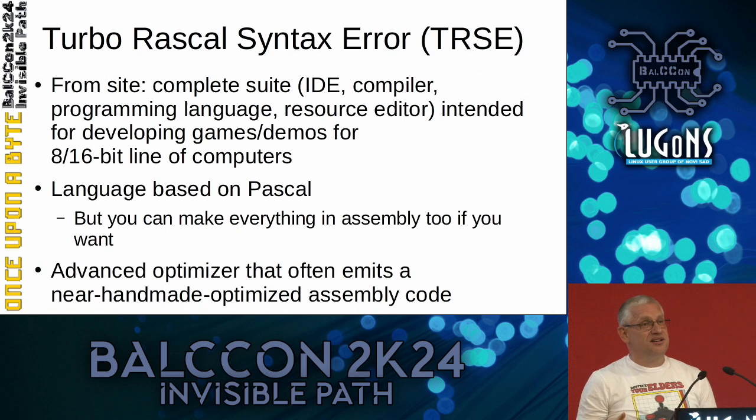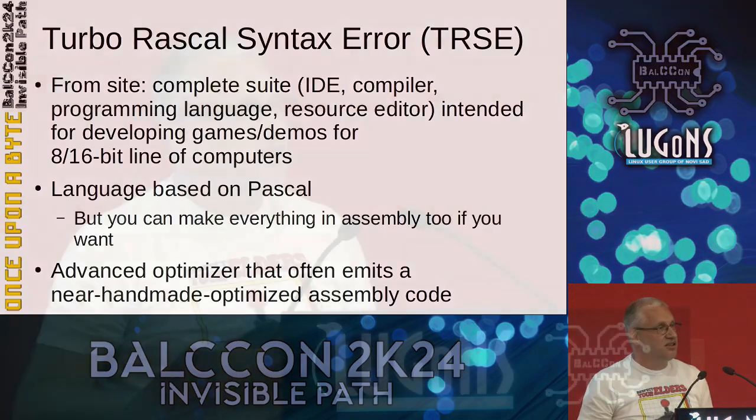Of course, as you often need it, assembly language can be easily integrated into your code. The interesting thing with this environment is that its author spent a lot of time on the compiler, and the compiler generates really well optimized code for several 8-bit CPUs.